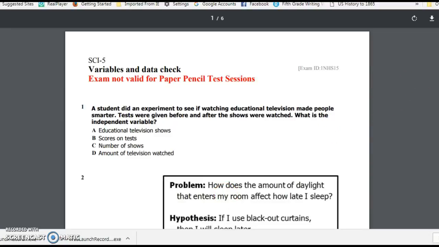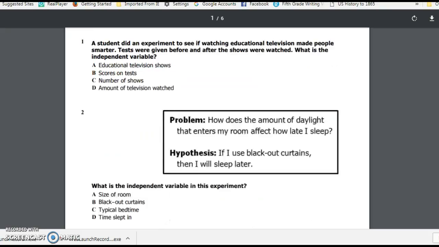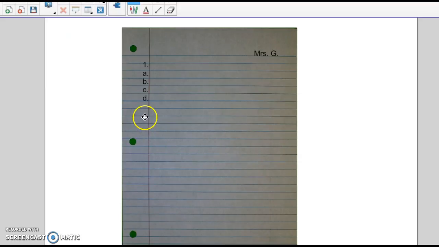Okay, number 2. So on your loose leaf, you need to put a 2 and A, B, C, D. Use this to write down any keywords, and then you can slash and dash.